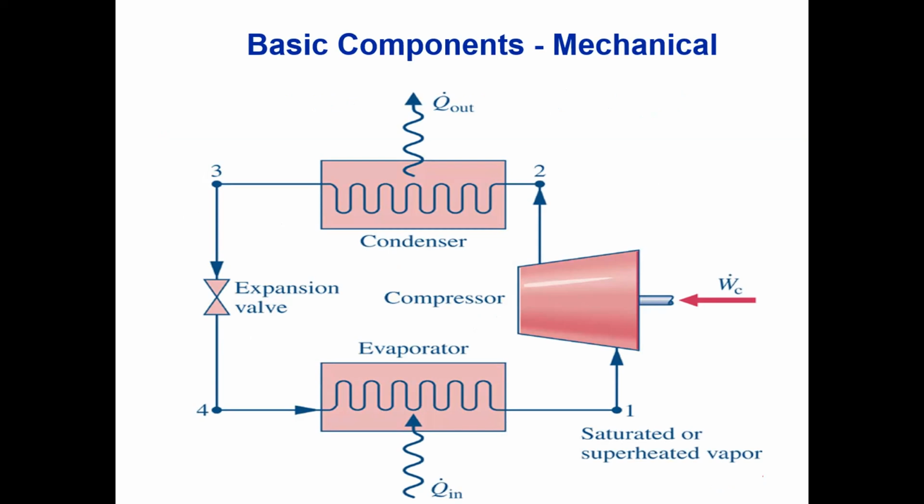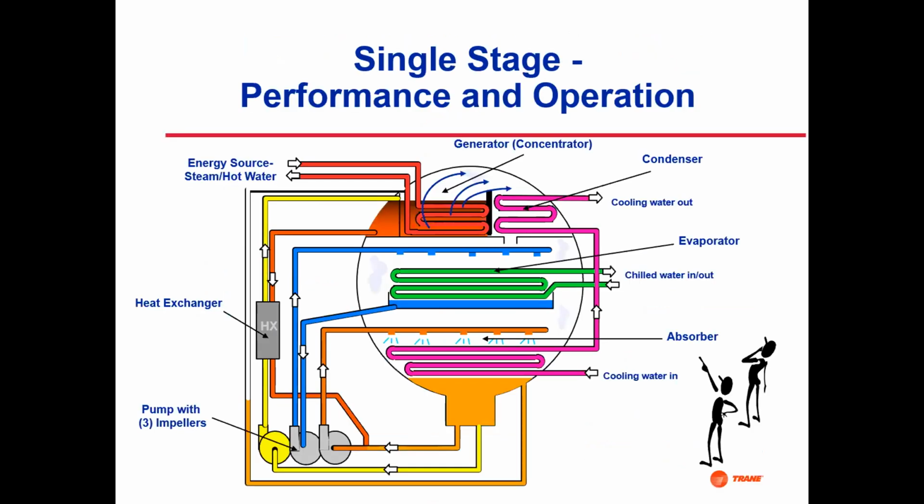The majority of the refrigerant is still liquid coming out of the expansion valve at low pressure, but it's cold. Then it goes into the evaporator where it evaporates and takes heat out of whatever fluid stream is passing across the evaporator. The refrigerant gets boiled away at 1, goes back into the compressor, and we repeat.